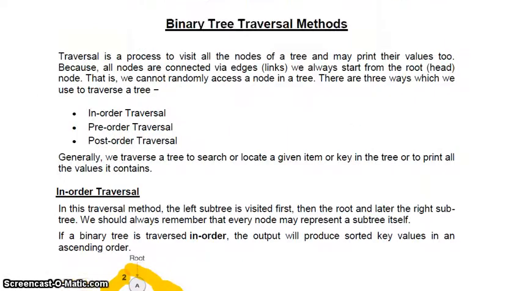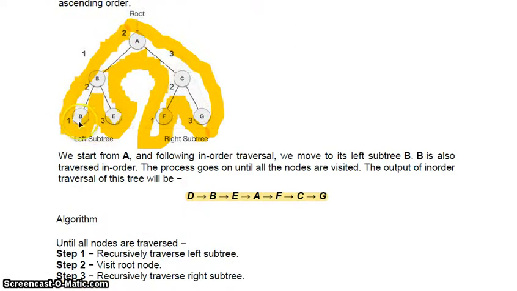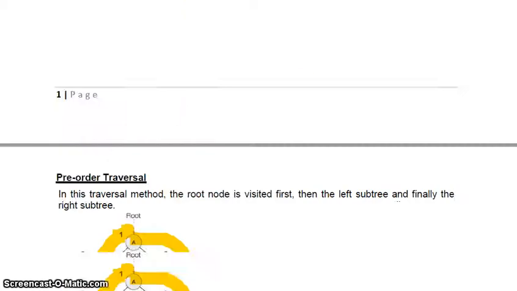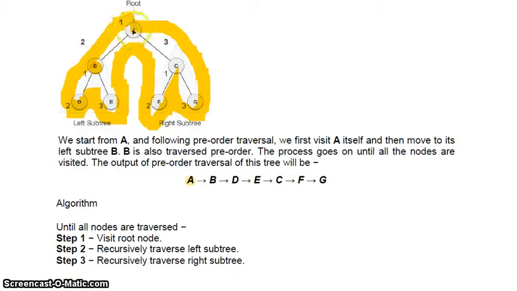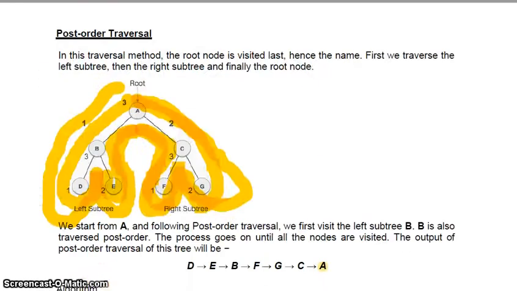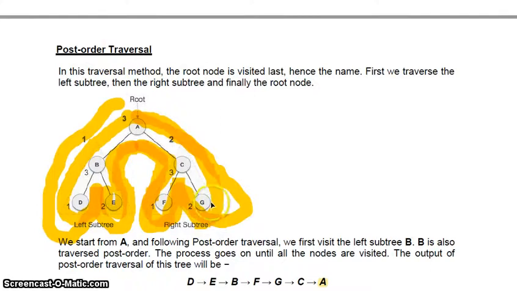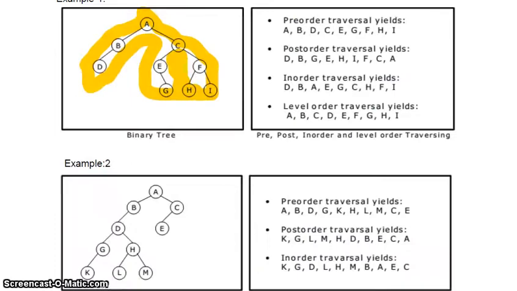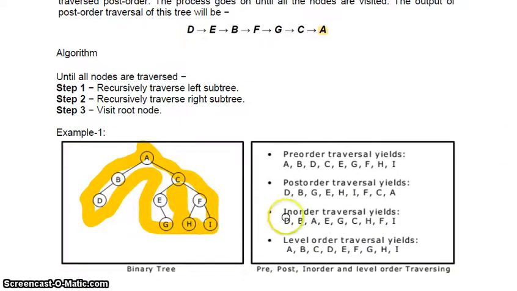In in-order we always consider the nodes which are approaching the bottom. In pre-order, consider the nodes which come to the left side of this line. And in post-order, we consider the nodes which come to the right side of this line. Then you will get the traversal.